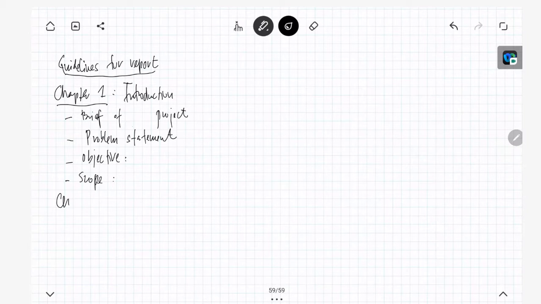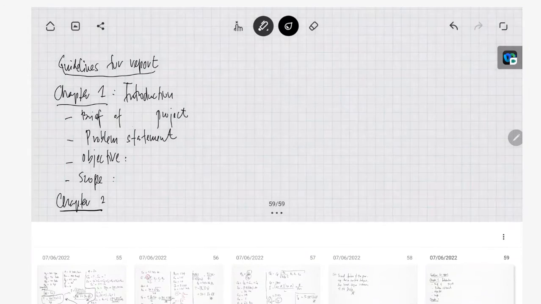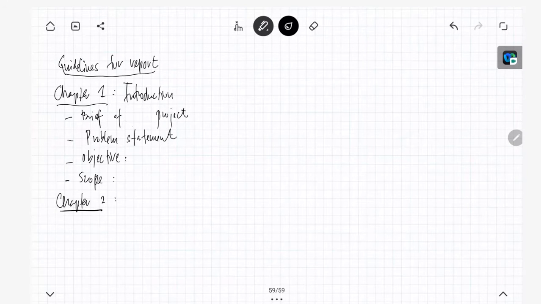Chapter 2, your background study. It should contain any information.